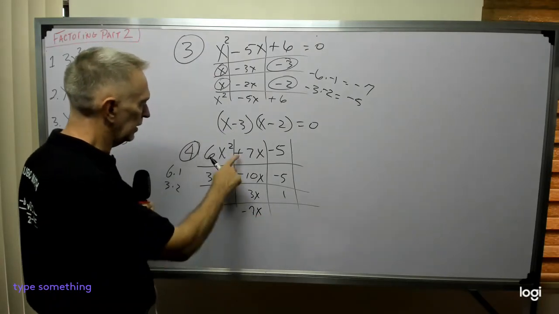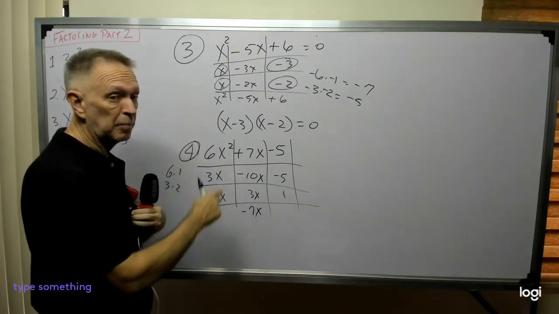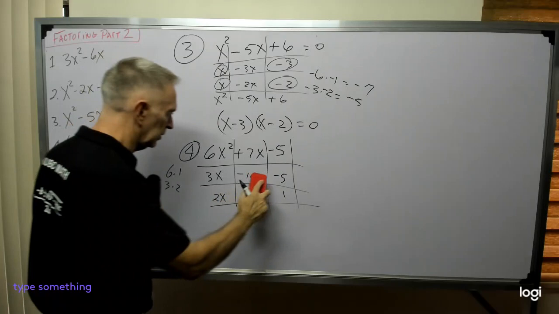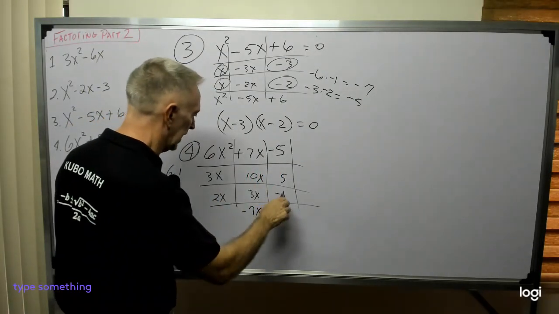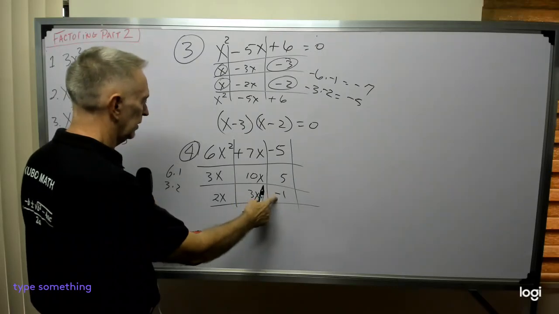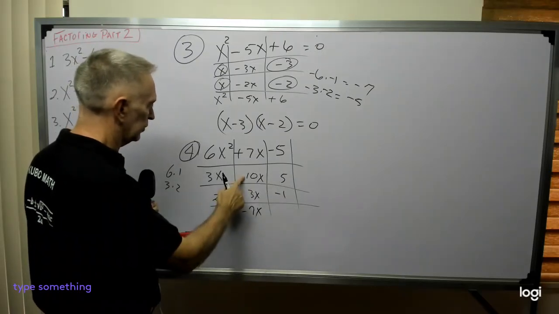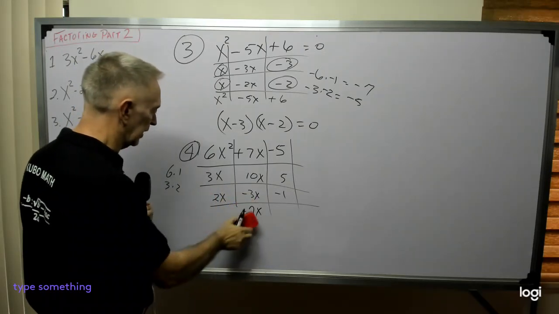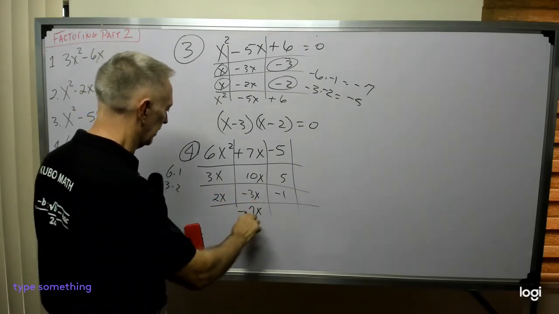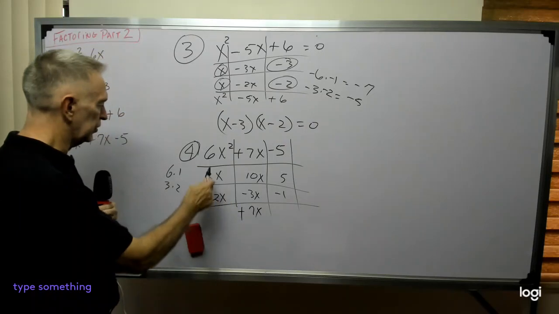I don't need a negative 7x. I need a positive 7x. So I know that I need to move my negative to here. So 5 times 2x is 10x, negative 1 times 3x is negative 3x. That gives me a positive 7x, which I needed.